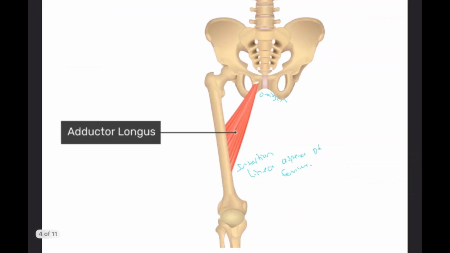Adductor Longus is a fan-shaped muscle, and it is the most anteriorly placed in the adductor group.